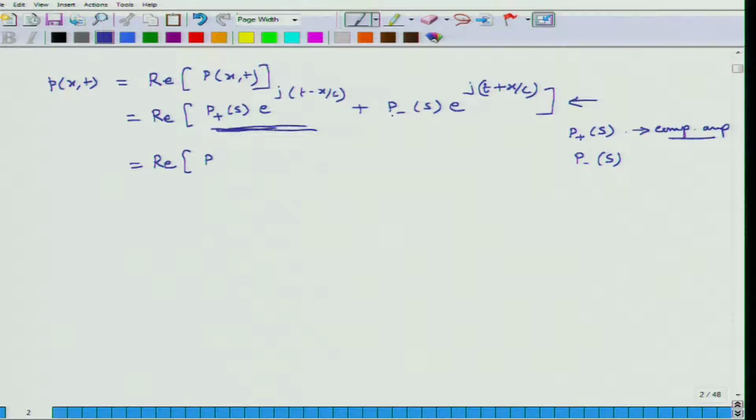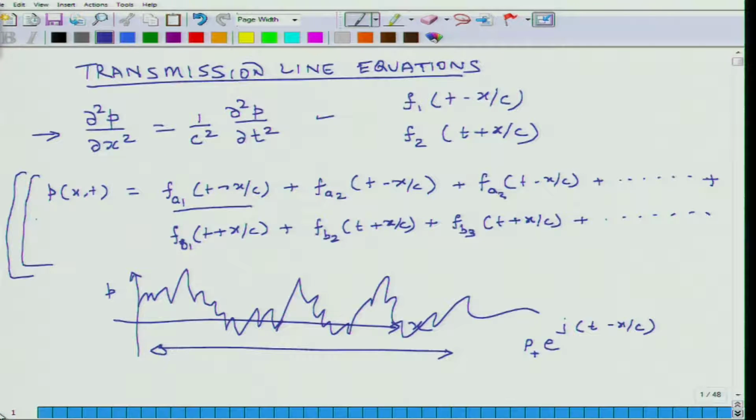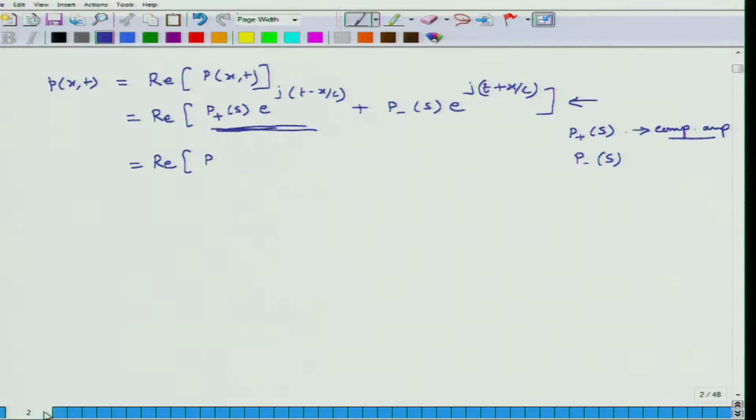This function belongs to the same class of functions which we had discussed as f1 of t minus x over c or f2 of t plus x over c. So this function satisfies the wave equation. Now I can rearrange the terms inside the parenthesis.